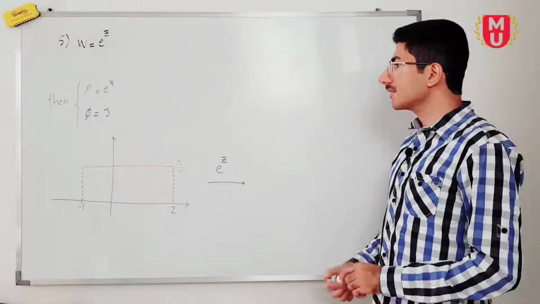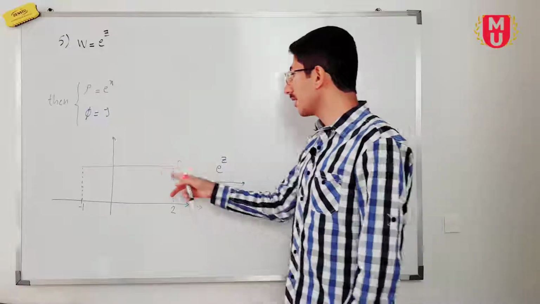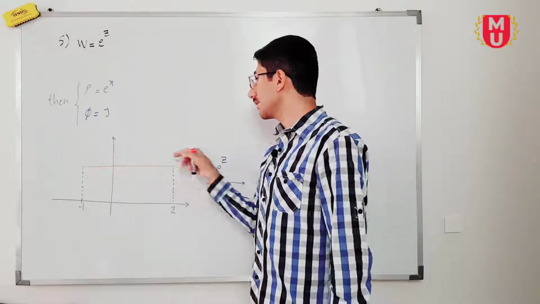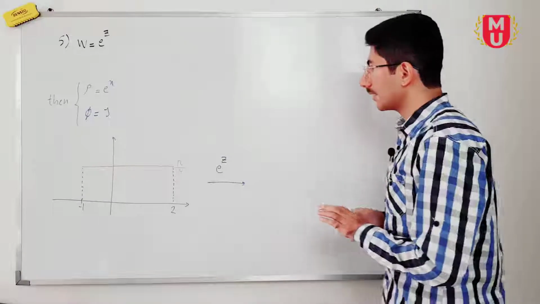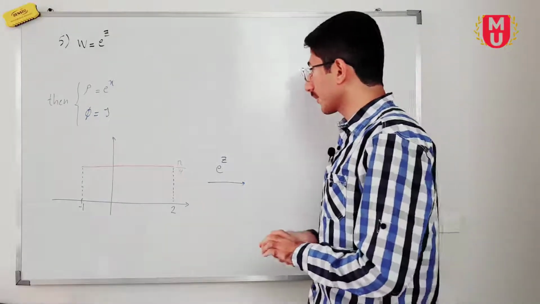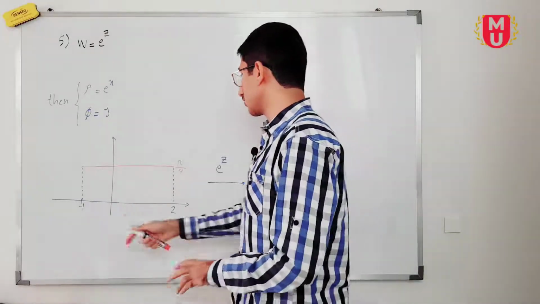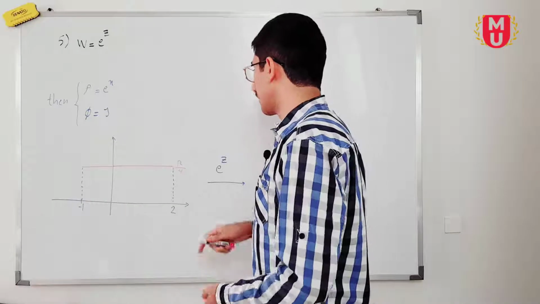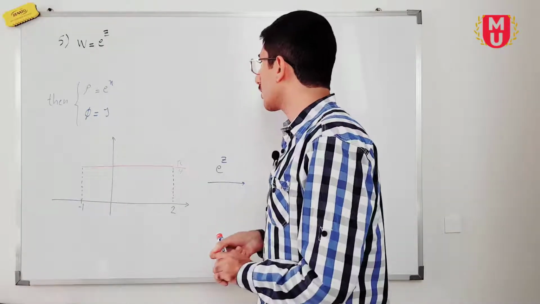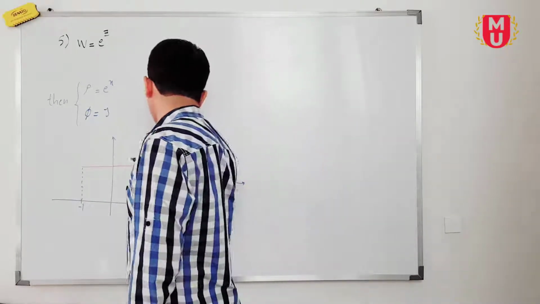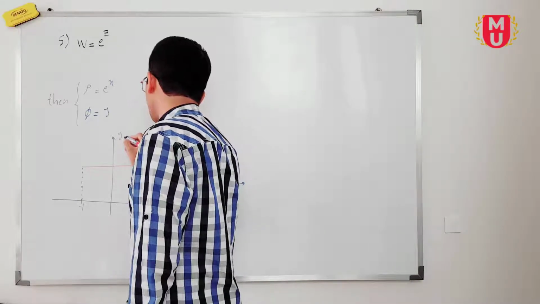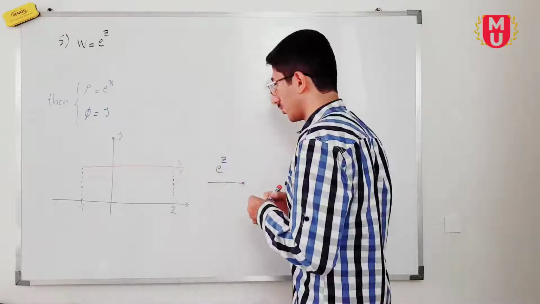As an example, I brought you a line, this orange line, which is between -2 and 2, and its height is pi over 4.